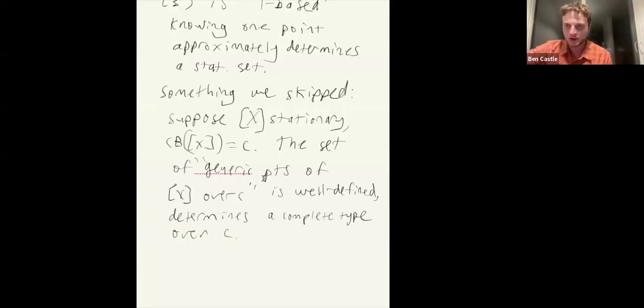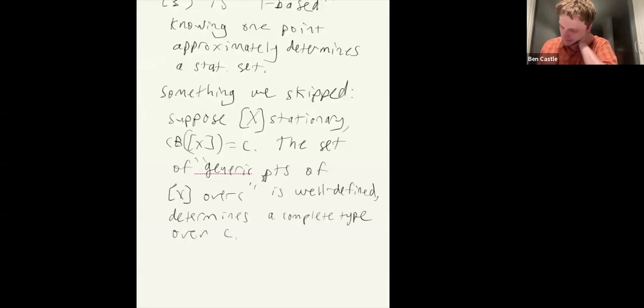We're used to taking generic points of definable sets, but I'm talking about a generic point of an almost equality class of definable sets, which is a little funny because the different sets are different. So a generic point of a whole bunch of different sets at the same time. What I'm really saying is there is some member of this class which is definable over C. If you look at different members of the class which are definable over C, any two of them will have the same generics over C because they're almost equal. Then the set of those generics determines a complete type over C.